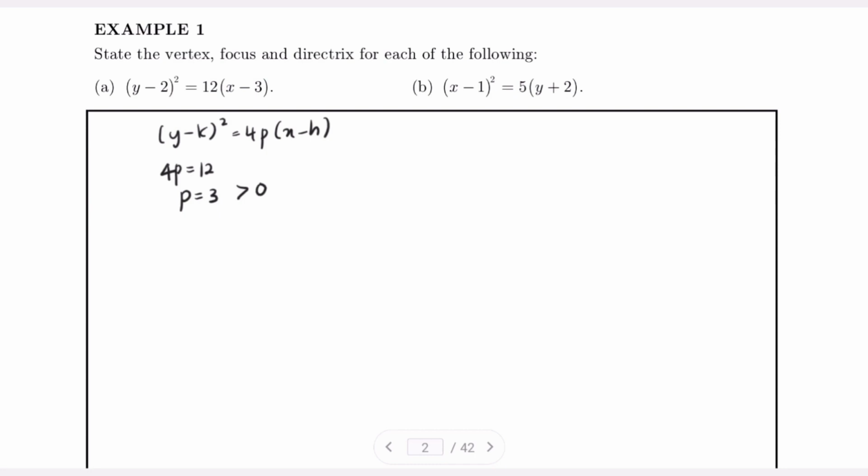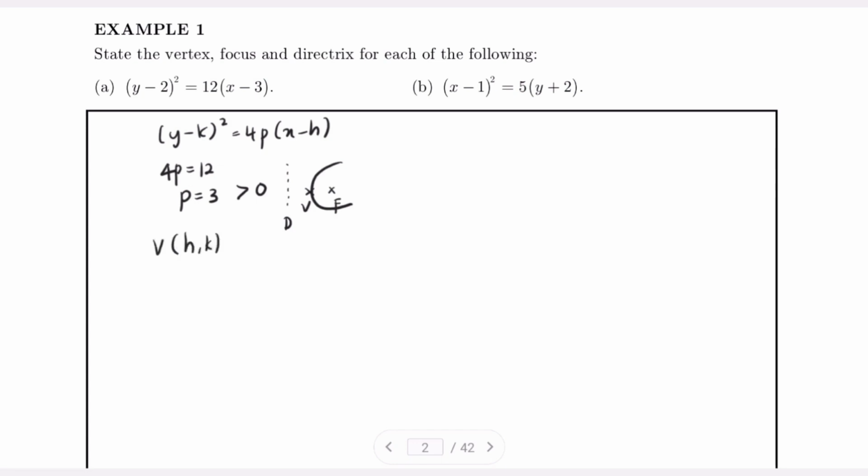Since p is greater than 0, it opens to the right. If this is our V and this is our F and this is our directrix, you will notice that k will remain the same.